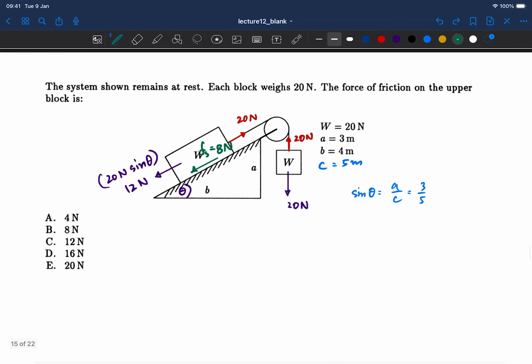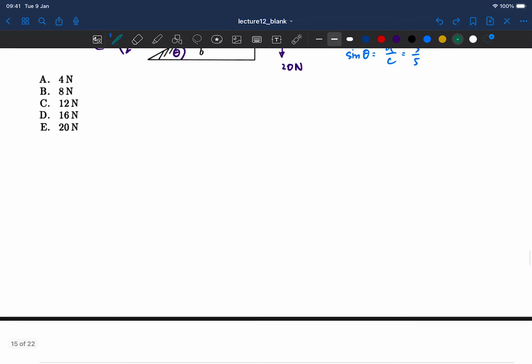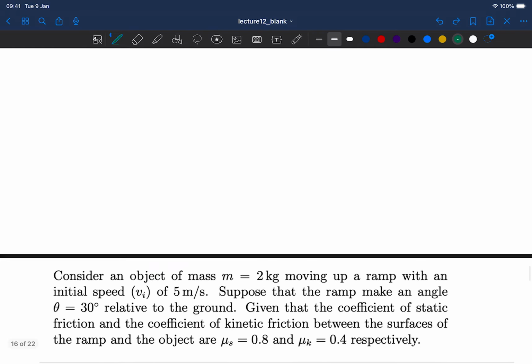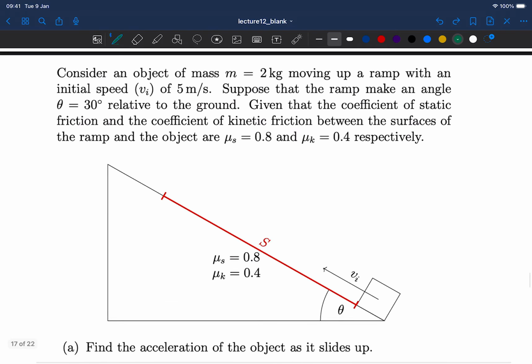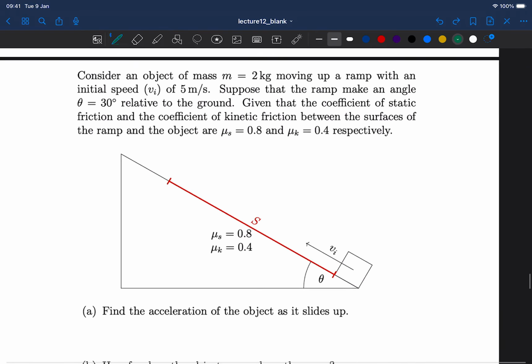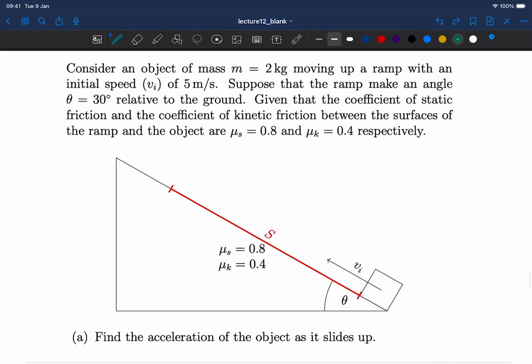Okay, let's move on to this one, still an inclined plane. So we have an object which is 2 kilograms and it's moving up a ramp with an initial speed of 5 meters per second.